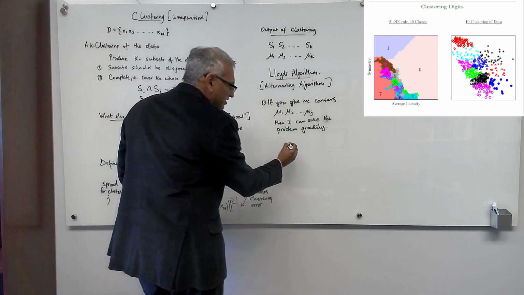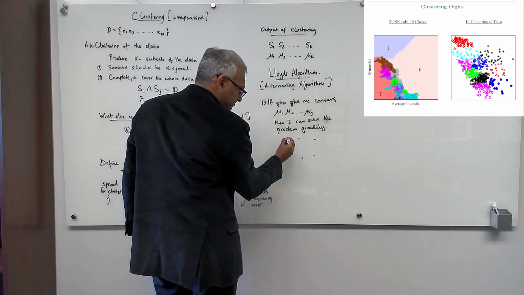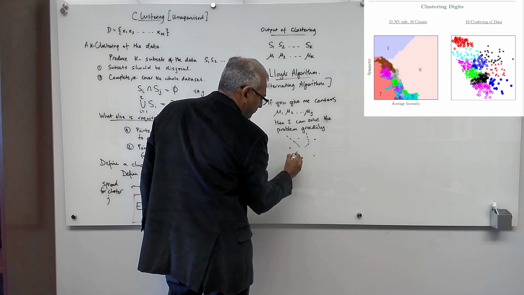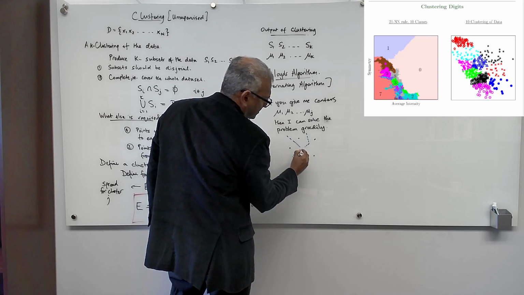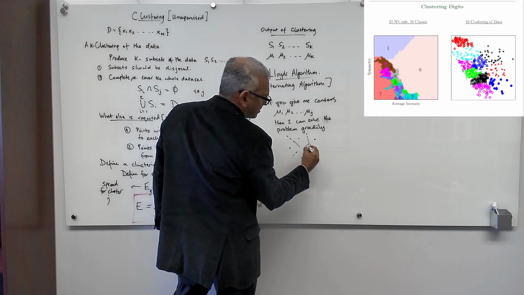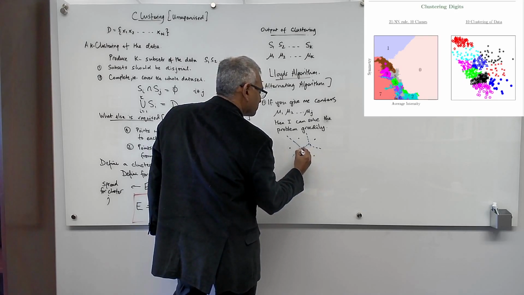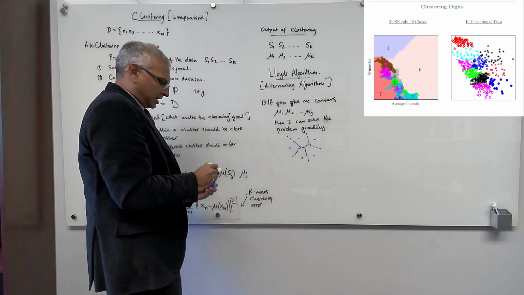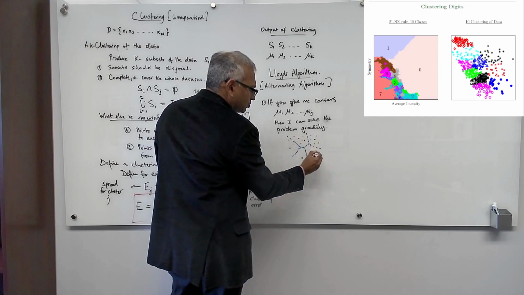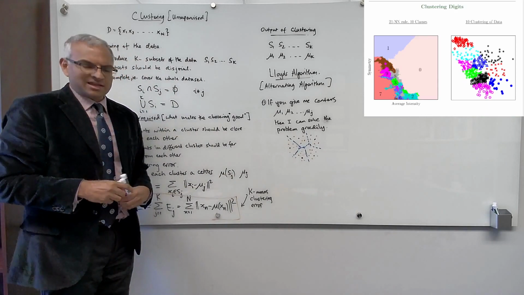You can think of the centers in two dimensions. If you give me the centers, they define Voronoi regions. We've seen this before. So there's that region, then that one, and that one. Each center defines, in some sense, a Voronoi region. Now you look at the data points and assign each data point to the center that owns the Voronoi region to which that data point belongs.